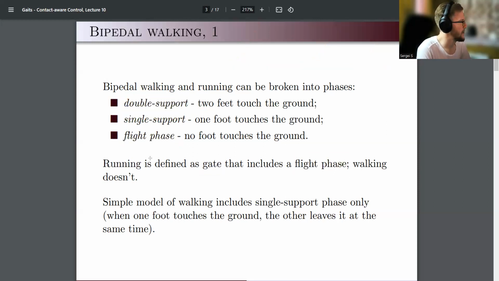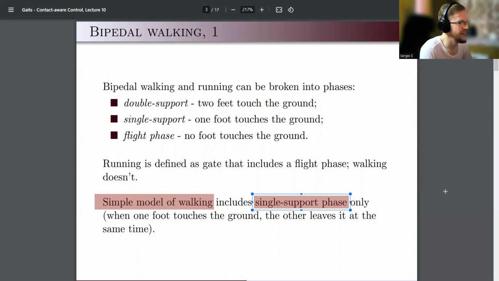Now, a simple model of walking would include only the single support phase. What I mean by that is we assume that while one foot is in the air, another stands on the ground. When the foot that was in the air touches the ground, the other foot instantly goes up. This is a simplified model. Obviously, that is not how bipedal robots walk.